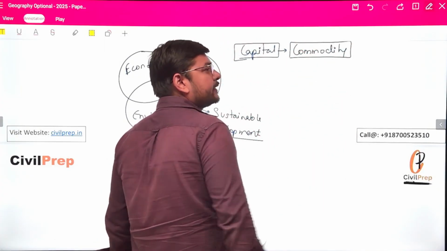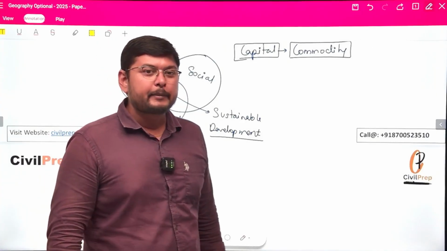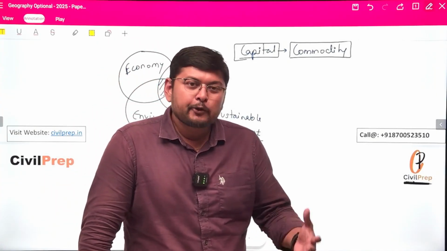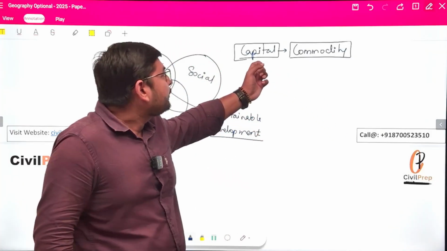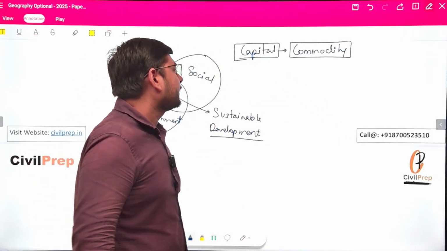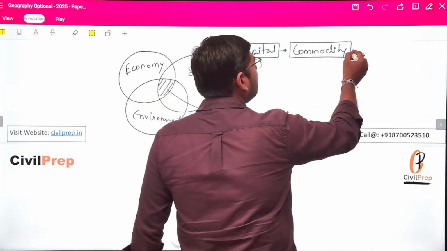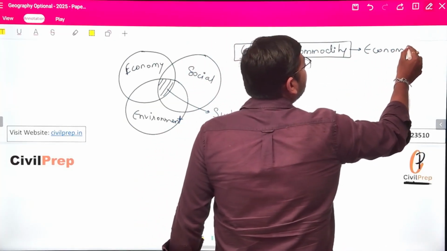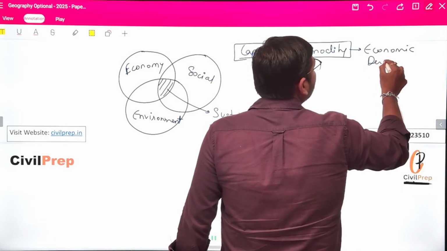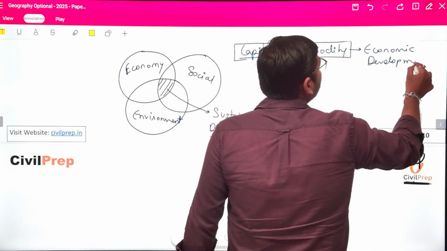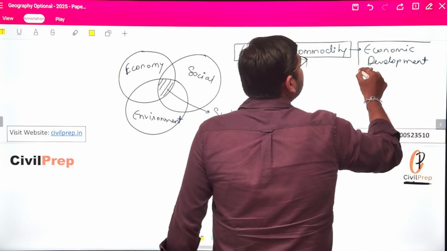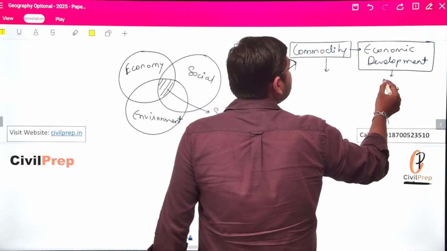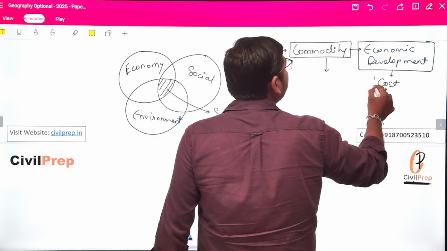These commodities can be converted into capital, and the more we can accumulate commodities, the more capital and wealth can be created. Yes, capital and commodities are required, majorly for economic development. But this commodification and economic development has certain costs.